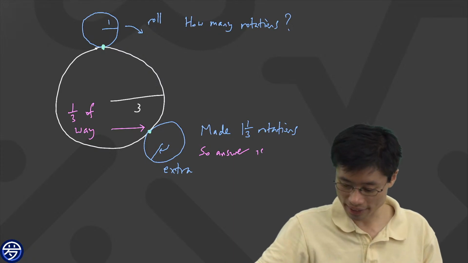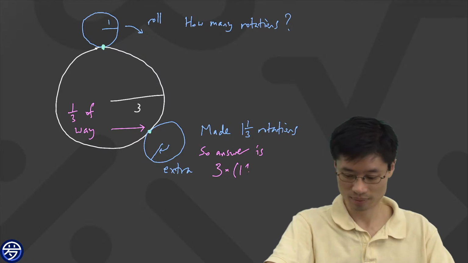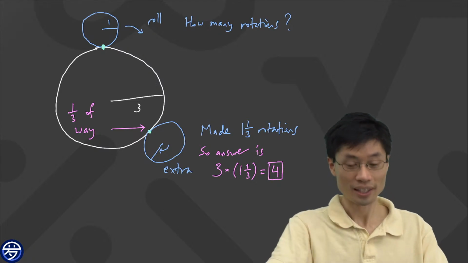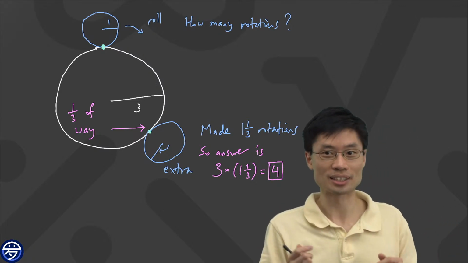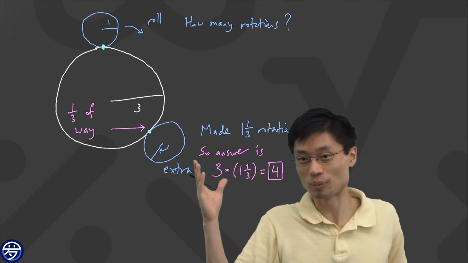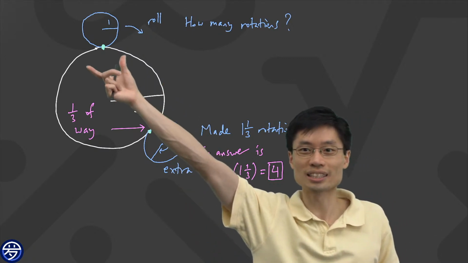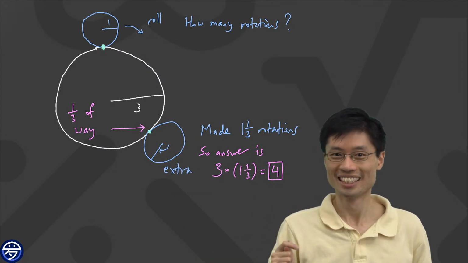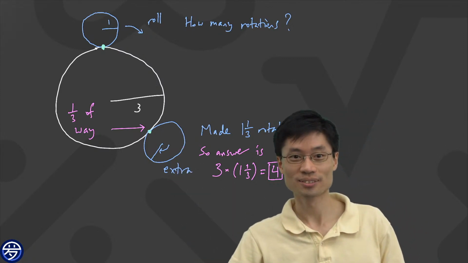So the answer is 3 times 1 1/3, which is 3 times 4/3, which is 4. And that's the answer. So this is a trick question. The trick question here is it looks like it should be 3, but no, it's 4, because as you go around 1/3 of the way, you've actually moved a bit more. Okay, more questions.